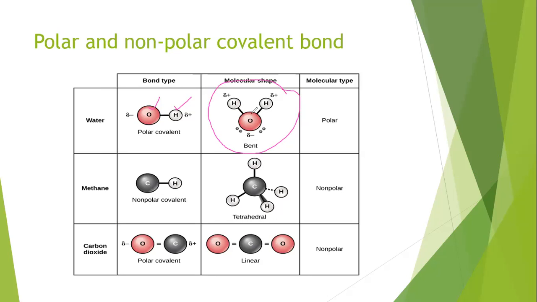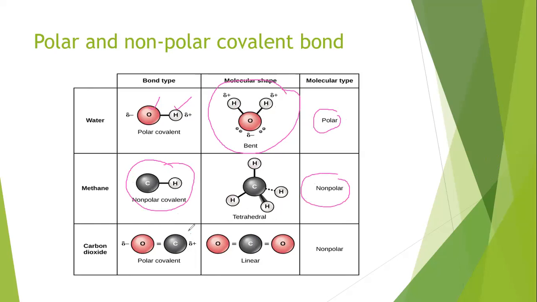There is a difference between oxygen's and hydrogen's electronegativity. Due to that difference, it will make a polar molecule. If the bond is between carbon and hydrogen, then there is not much difference of electronegativity. Due to that, they will make a non-polar molecule.